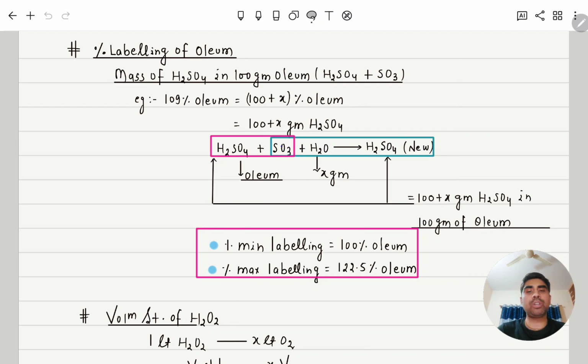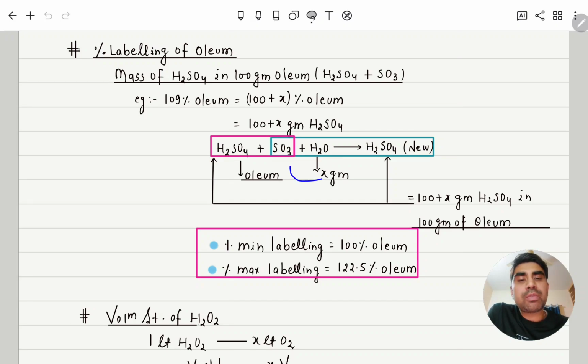That same mole analysis, that much mole of SO3. So if this is also that much mole of SO3, divided by its mass 80, I will get the mass of SO3. Overall in 100 gram of oleum, suppose SO3 is 20 gram, so H2SO4 will be 80 gram.